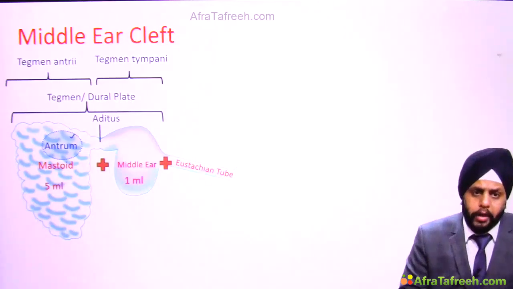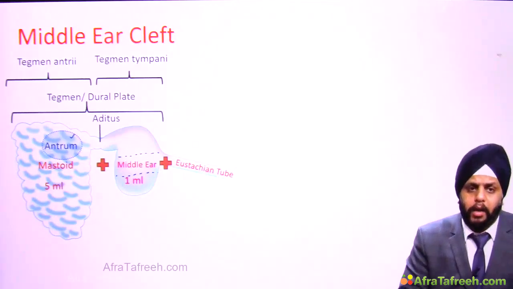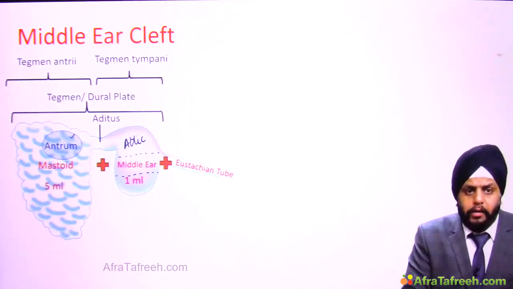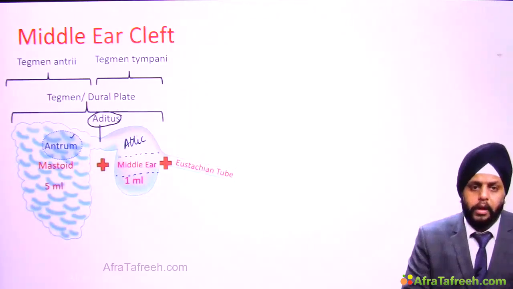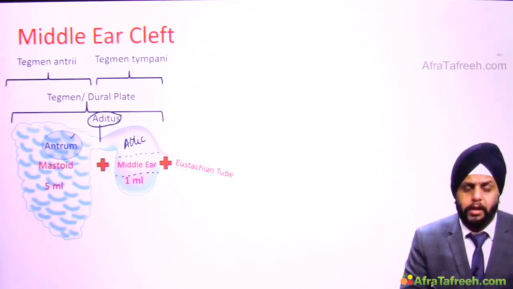One thing more over here: we just saw that the middle ear can be divided into three parts, that is epitympanum, mesotympanum and hypotympanum. Epitympanum is also known as attic. I told you that this aditus connects the middle ear to the mastoid. You can also be specific: it connects the attic to the antrum.